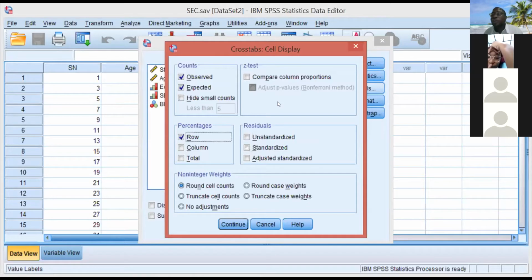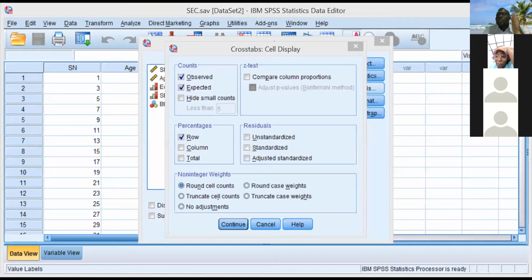But there are some situations where the outcome variable has up to about 5 categories, and the exposure is sex, which is 2 categories. So they don't want to put the outcome along the vertical. They want it along the row, and the exposure, which is 2 sexes, along the vertical.